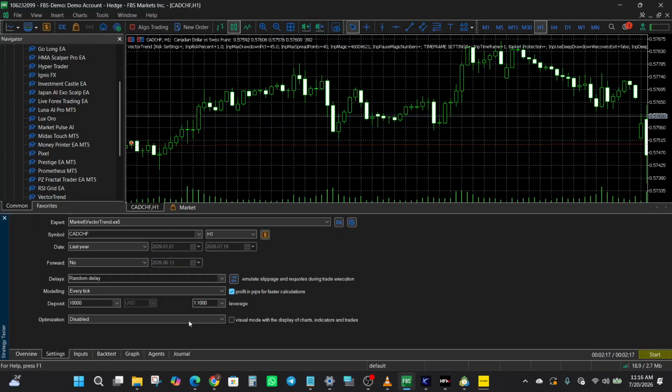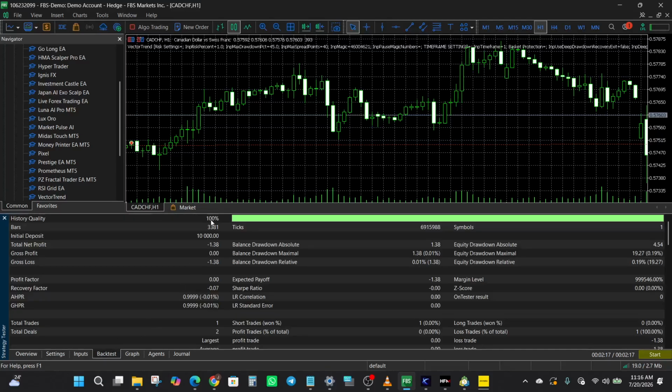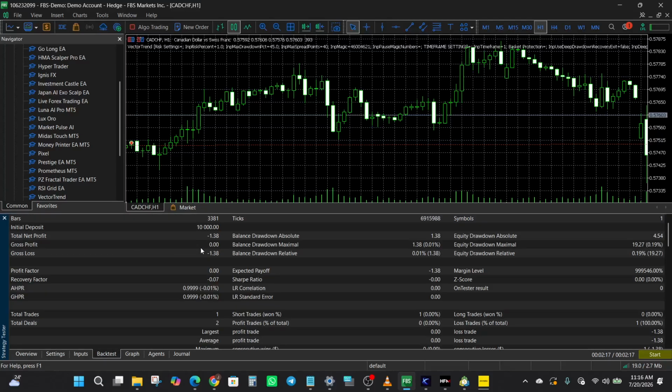This covered CAD CHF on the H1 time frame, from the start of January through mid July 2026 with history quality of 100%. Across the entire test, only one single trade was opened, and it stayed open for the vast majority of the test period, over 3,200 hours, or roughly 4.5 months, before closing near flat.